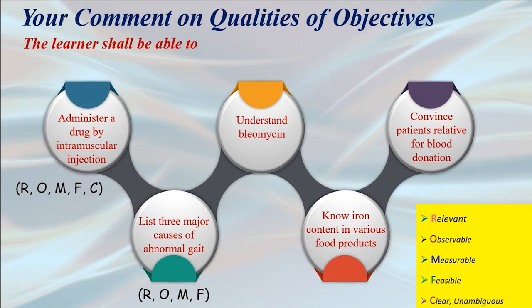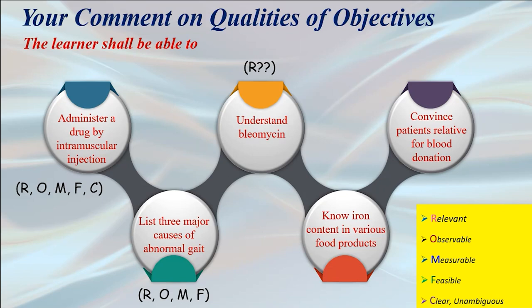For some, it may not be so clear. Another one: the learner shall be able to understand bleomycin. Is it relevant? Maybe, but it's not observable, not measurable, not feasible, not clear.